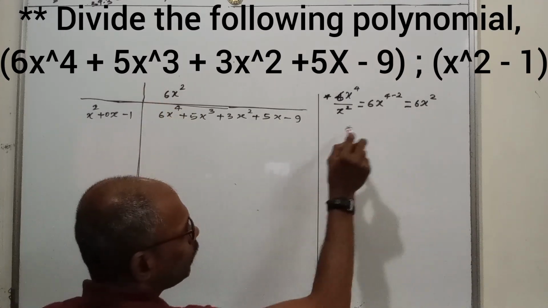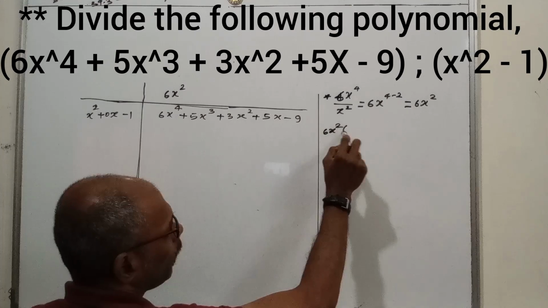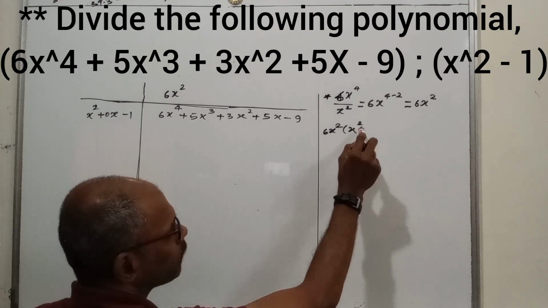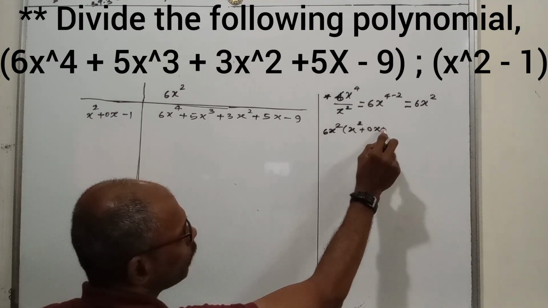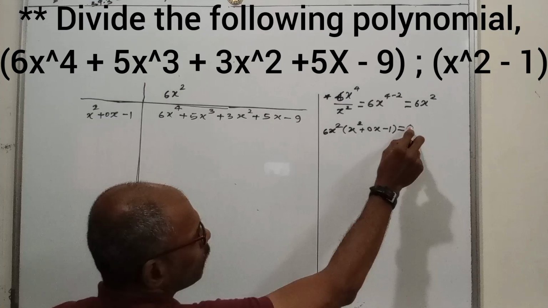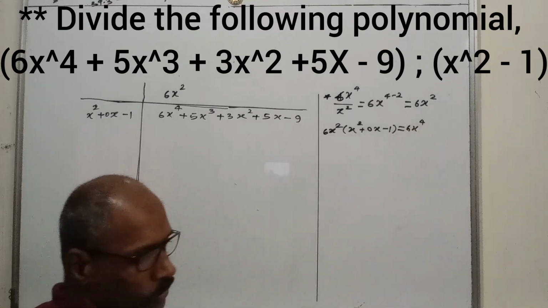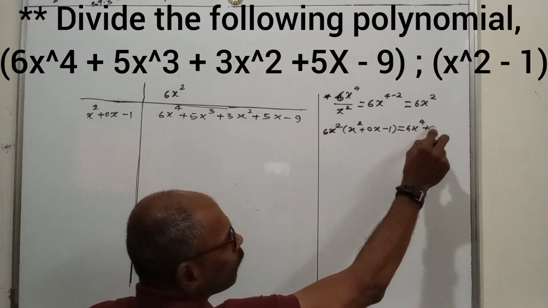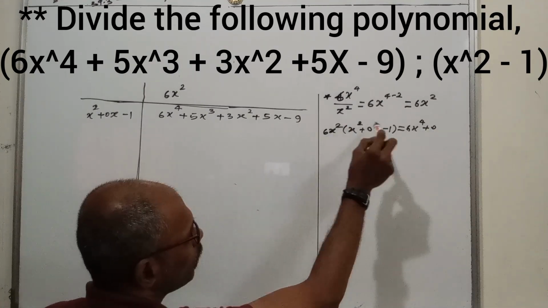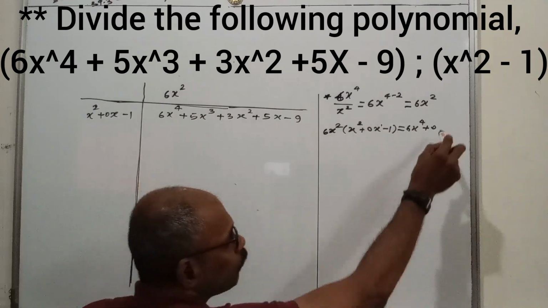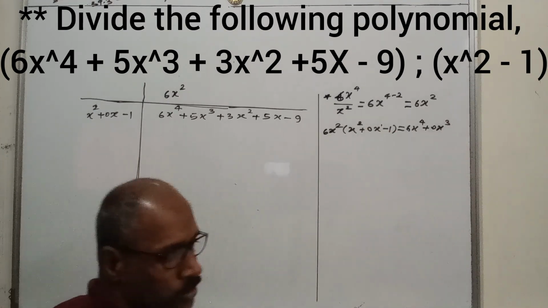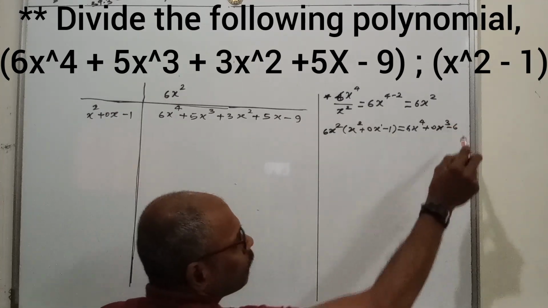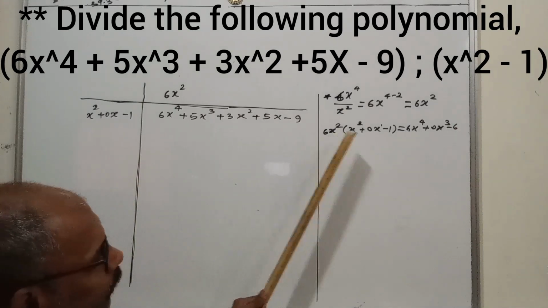Now we take this and multiply it to our divisor, x square plus 0x minus 1. 6x raised to 4, 6 into 0, 0, x square into x raised to 1, x cube, 6 into minus 1, minus 6x square.